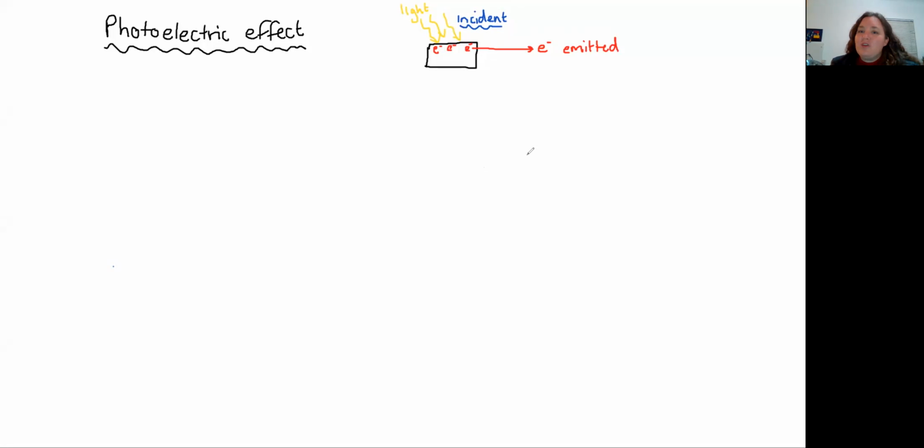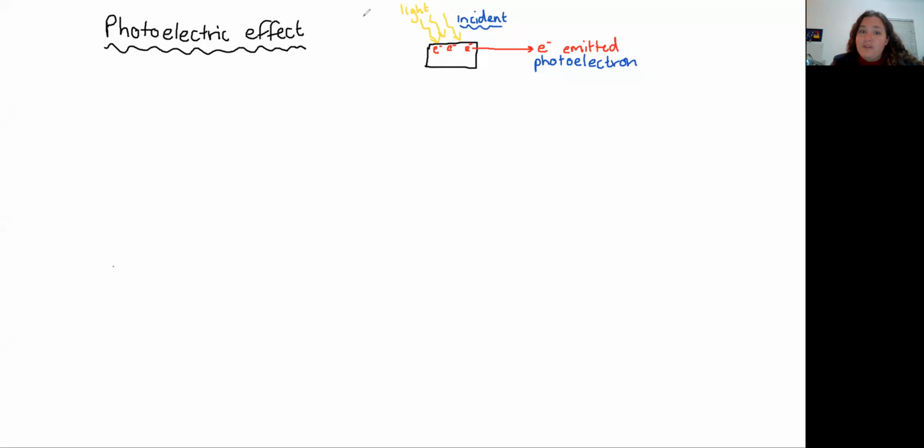When these electrons are emitted, we sometimes get really fancy and technical and we don't call them electrons anymore. We call them a photoelectron. And the reason that we call them a photoelectron, this is the whole idea behind the photoelectric effect, is that when light shines on the metal, this entire phenomenon actually proves that light doesn't behave as just a wave, but light can actually behave as a particle.